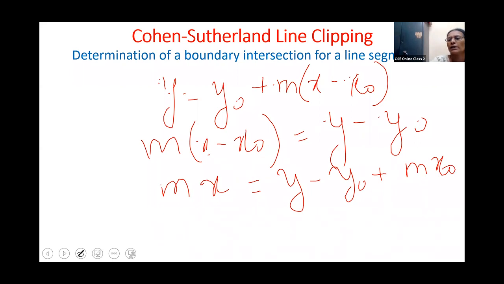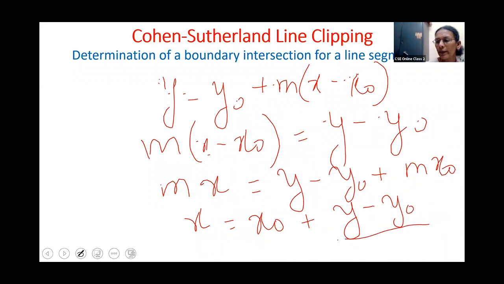I'm taking this minus m x naught to that side. Or x is equal to x naught plus y minus y naught divided by m. m x naught I'm taking first, divide by m, plus y minus y naught by m. Is this clear?